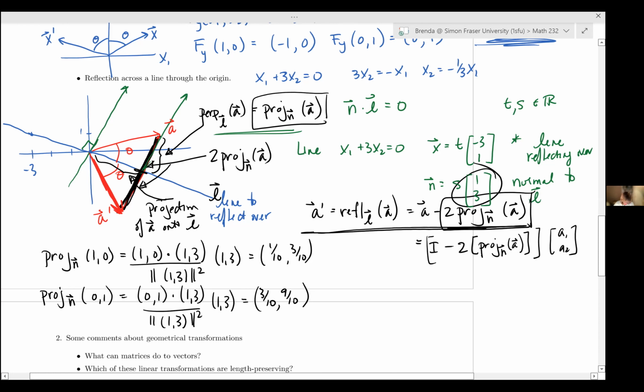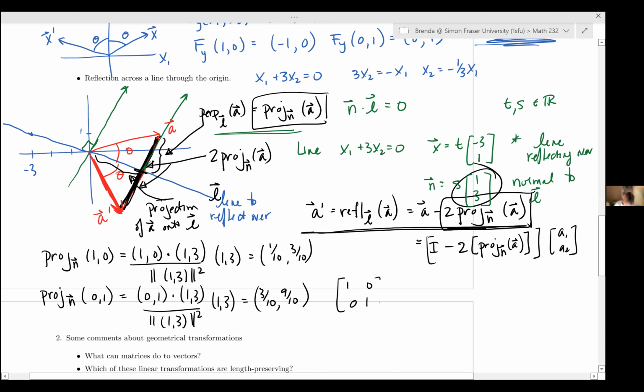I am trying to find the projection matrix of any vector A across the line x1 plus 3x2. We're almost done.